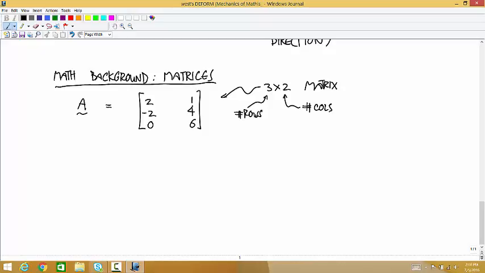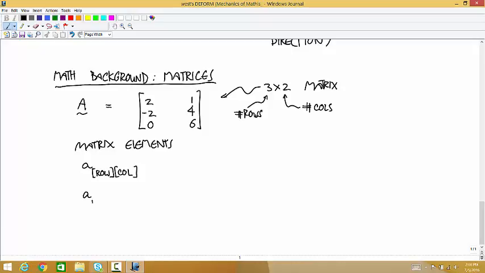You refer to the matrix elements as, usually the matrix is given in uppercase and the elements are given lowercase. So you have like A, row number, column number, is how you talk about which element you're talking about.